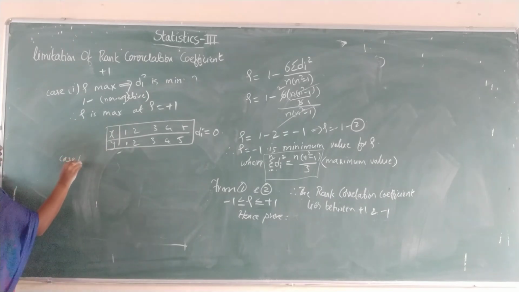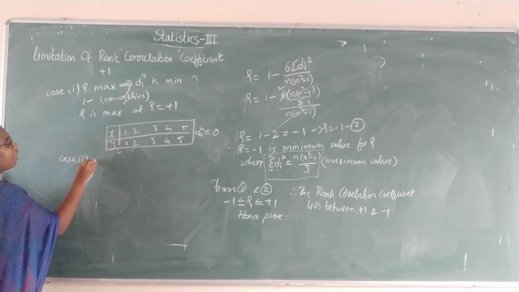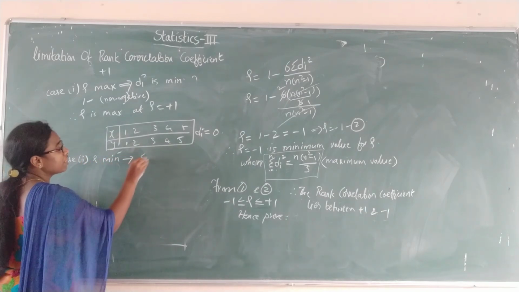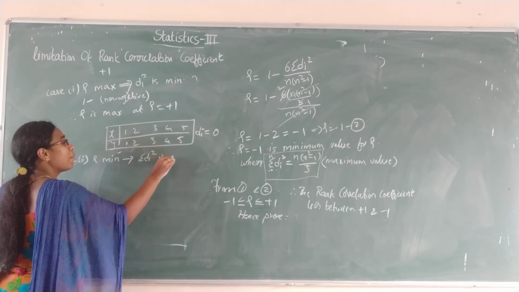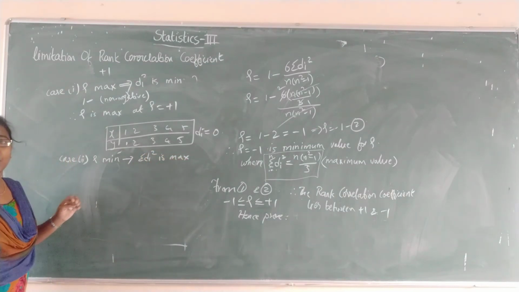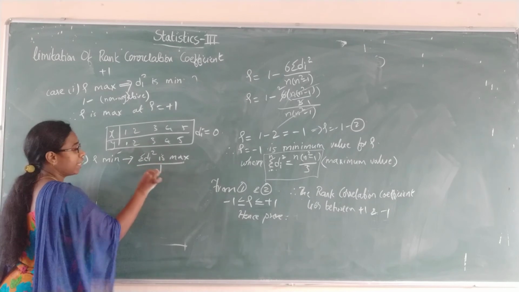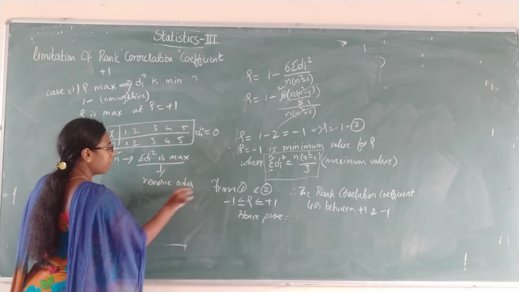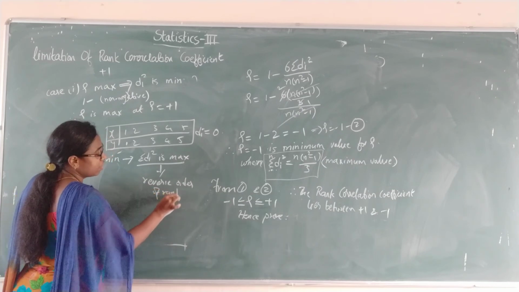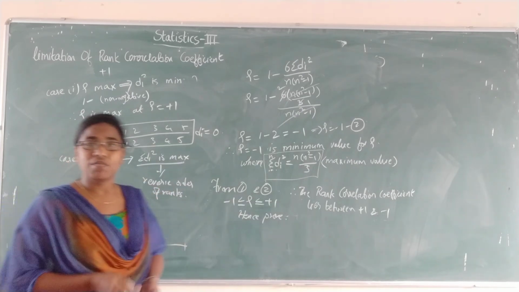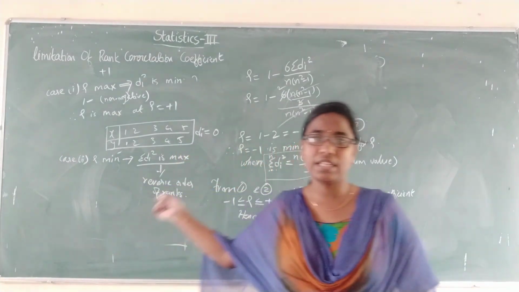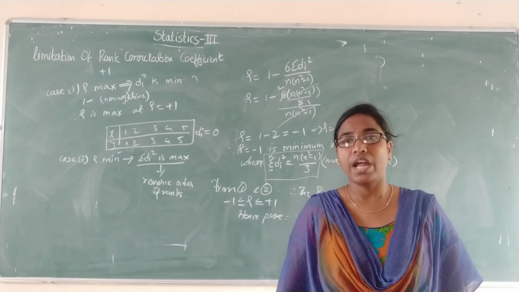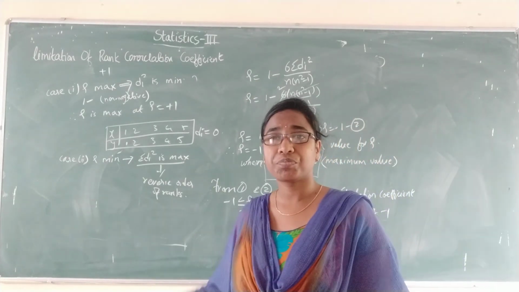In the second case, we are finding the rho minimum value. You will get the rho minimum if your summation di square is maximum. When you get this maximum case, you consider the reverse order of ranks. So you will write the reverse order of the ranks and add the last terms, that is x plus y equals n plus 1 and x minus y equals d.